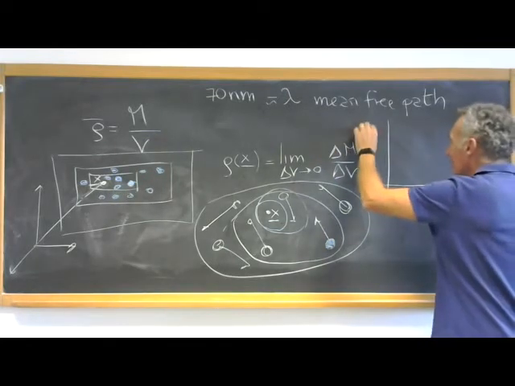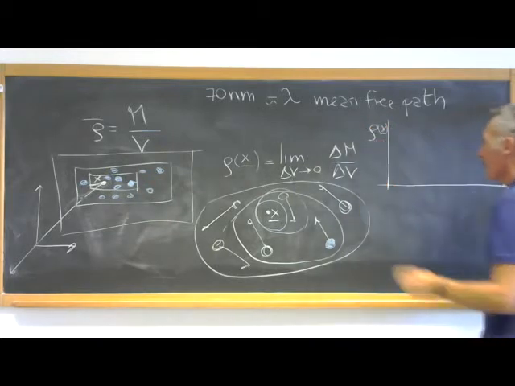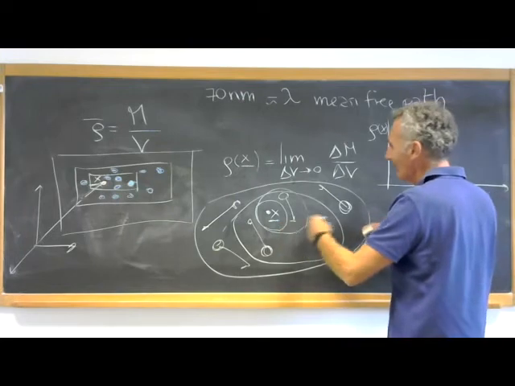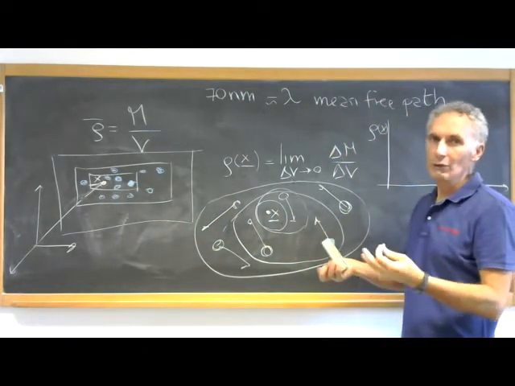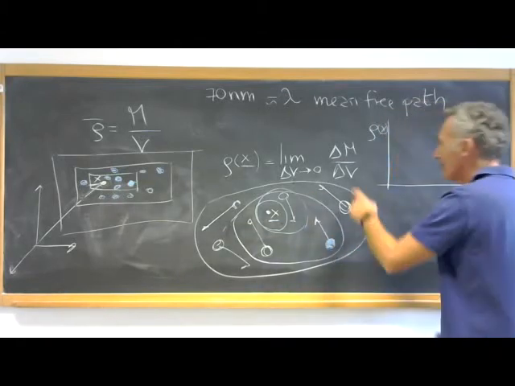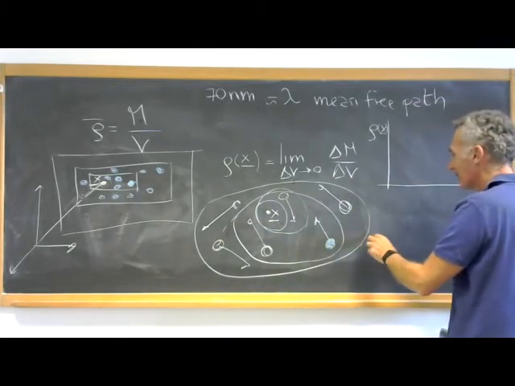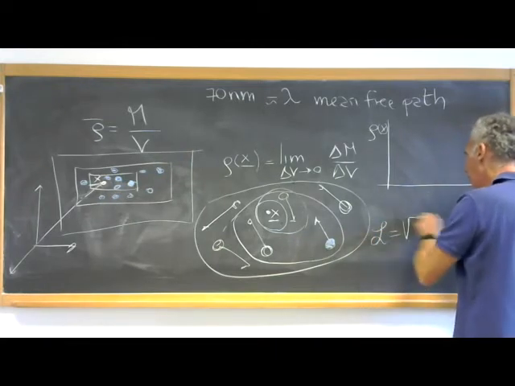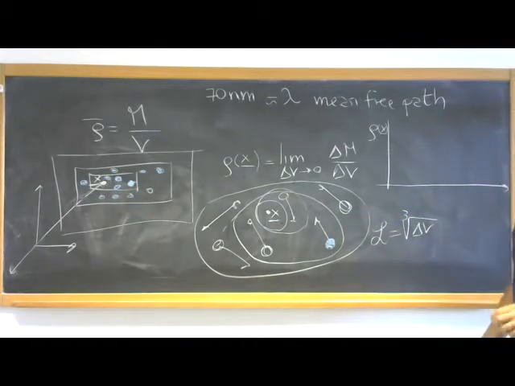now take density at point x as a function, say, of the characteristic length of the volume you are using. So one possibility could be that since this is a volume, you take as a characteristic length the cubic root of the volume you are considering.